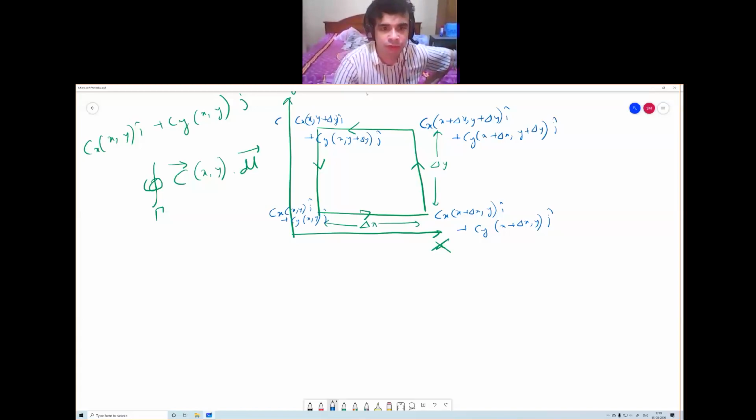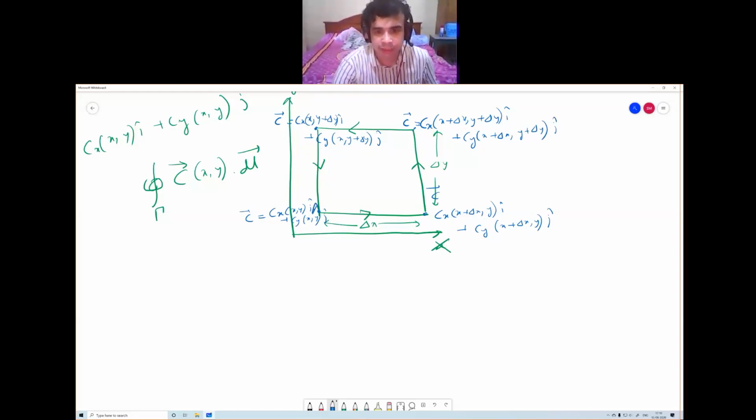These are the values of C at the four corners of the square or the rectangle. Is it okay? Yes, sir. Let us try this integral now.